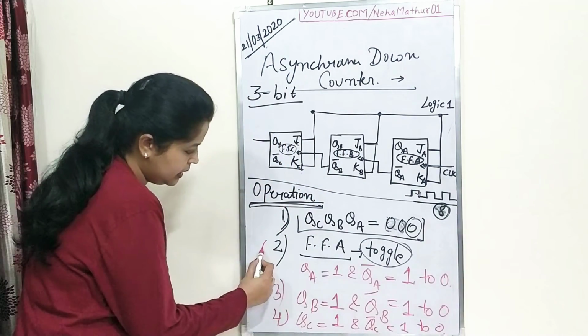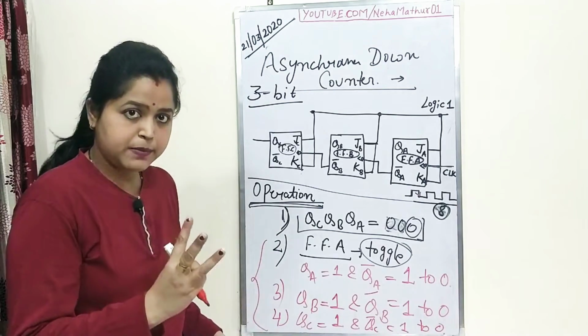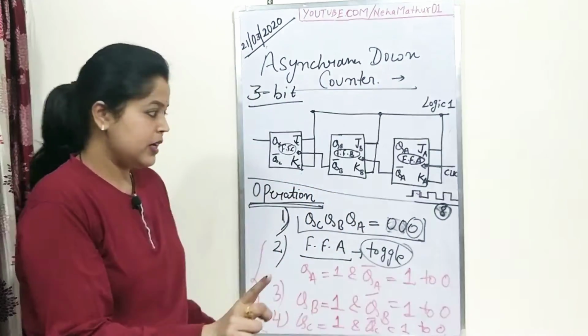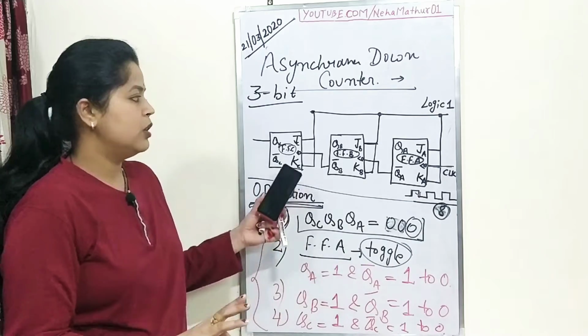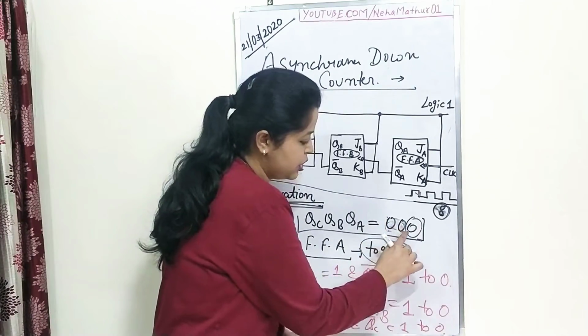So these three steps, step 2, 3, 4, represent the individual working of these three flip-flops. The first step is common, which is to reset all the flip-flops, which I did by setting 0, 0, 0.